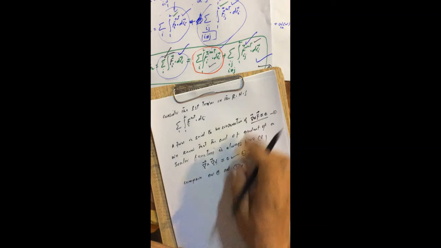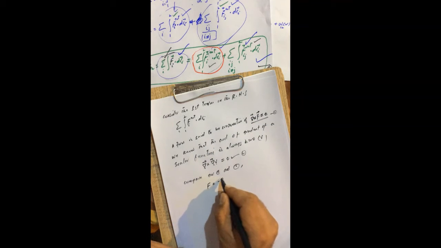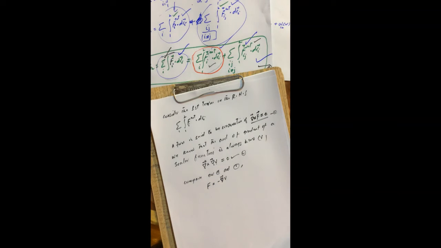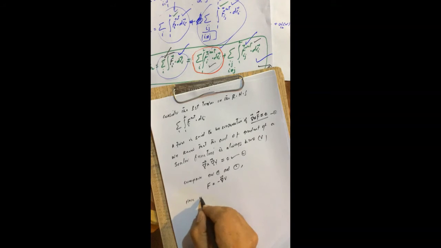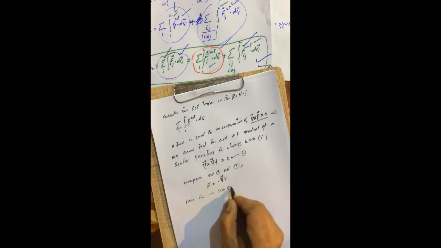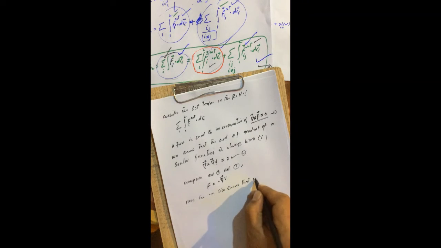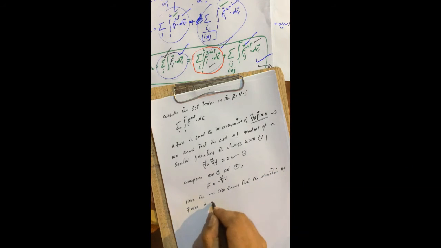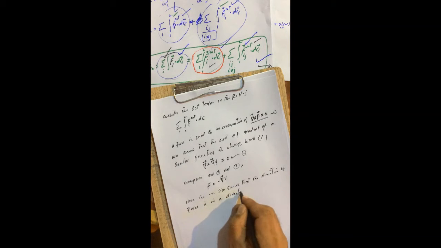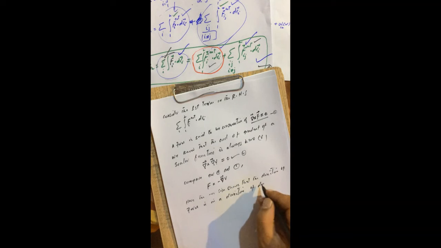So if we compare both equations, we get F is equal to minus del V. Now the negative sign shows that the direction of force is in the direction of decreasing V, where V is the scalar function, or we call it the potential.